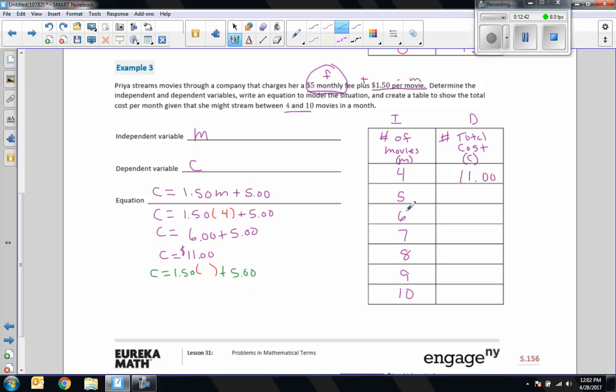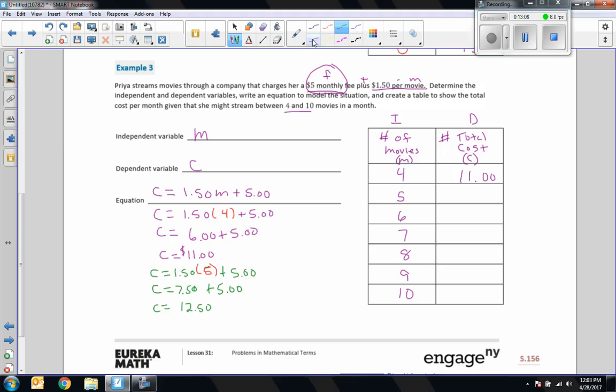This time my M is 5. Let's make it red so we remember it. So C equals $1.50 times 5, which is $7.50, plus our $5 monthly fee. So when we rent 5 streaming videos, it will cost us $12.50.